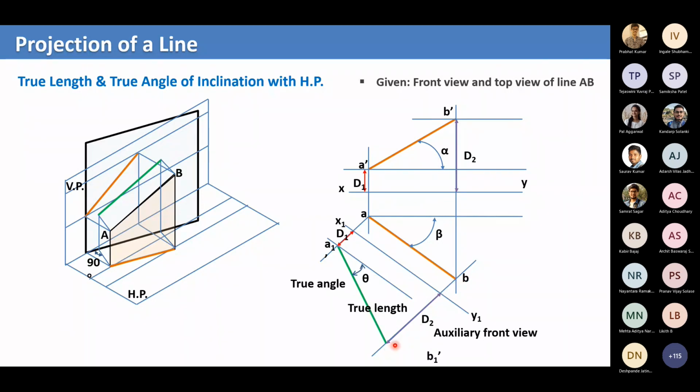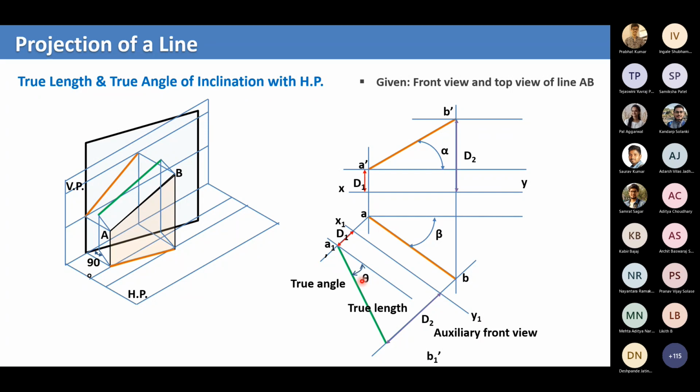How far? About this length, which is D2. Mark this point as B1 dash. Now when you join A1 dash and B1 dash, you get the true length of the line AB.